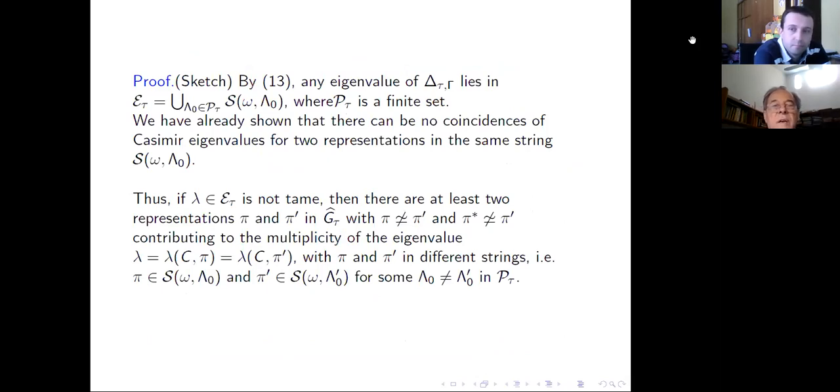So this is proved. Once we have that all but finitely many eigenvalues are tame, then we can use a previous result of ours on strong multiplicity 1.